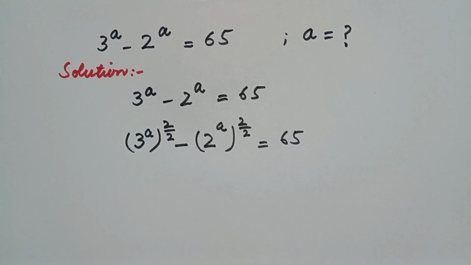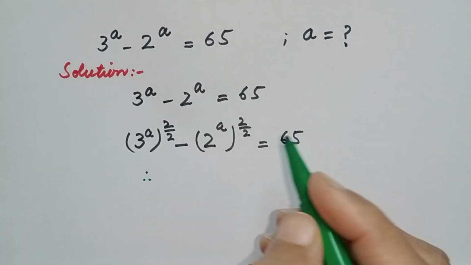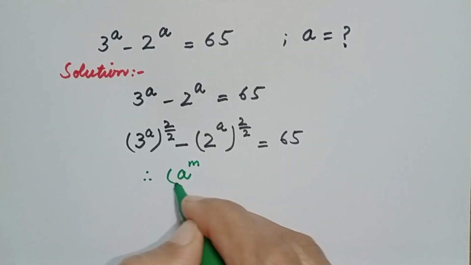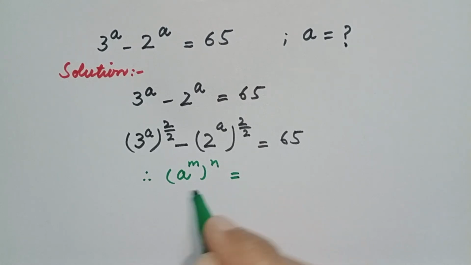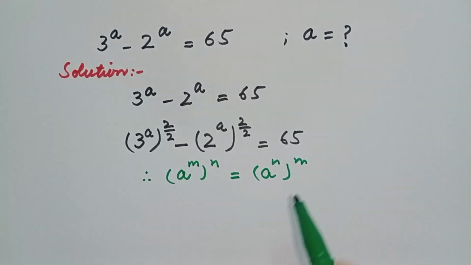So in the next step, we will use a formula, a rule. If we are given a to the power m, bracket to the power n, it can be written as a to the power n, bracket to the power m. So I'm going to use this rule here.